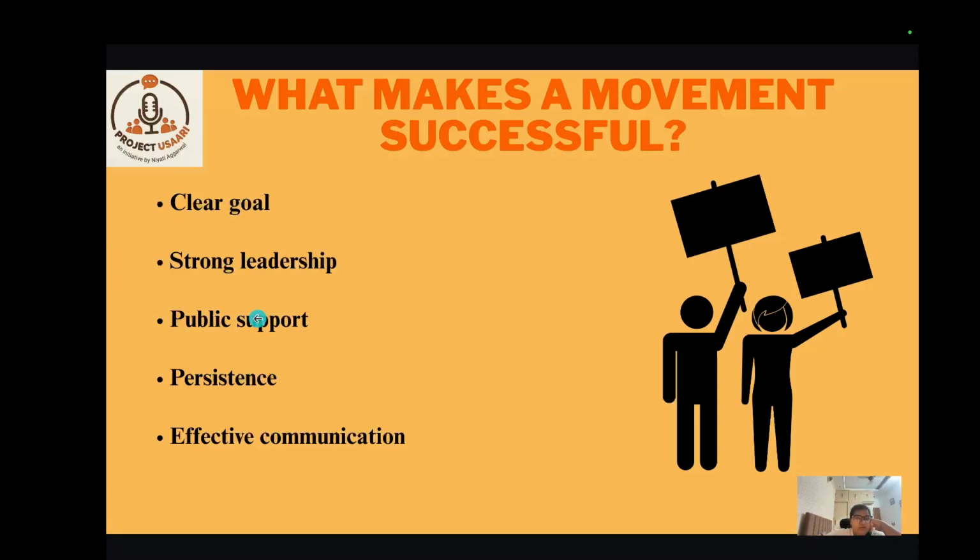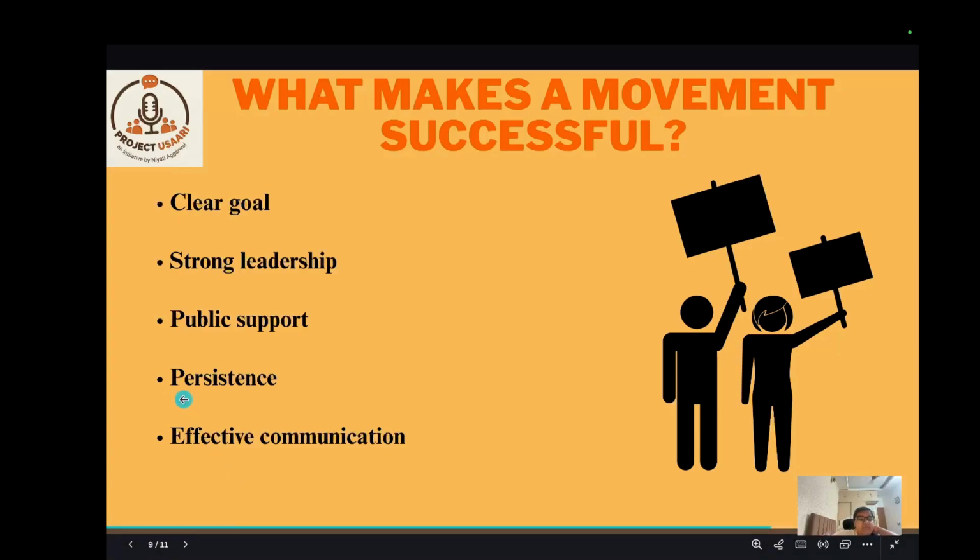A movement must have a clear goal, that is to say that people know exactly what change they want to achieve. Secondly, strong leadership. Leaders should help organize people, make decisions, and keep the movement focused. Third, public support. More people should be willing to join, listen, and support the cause that you're fighting for.